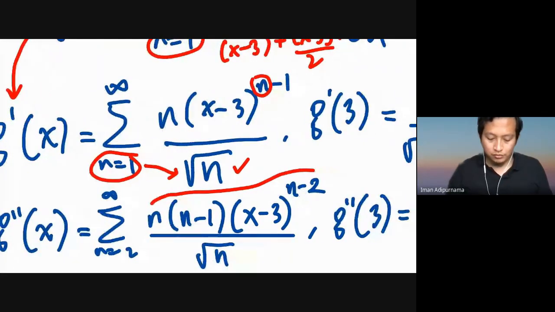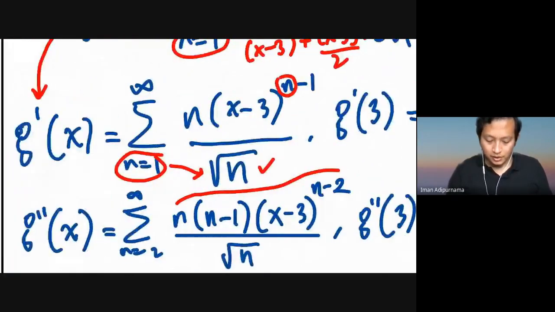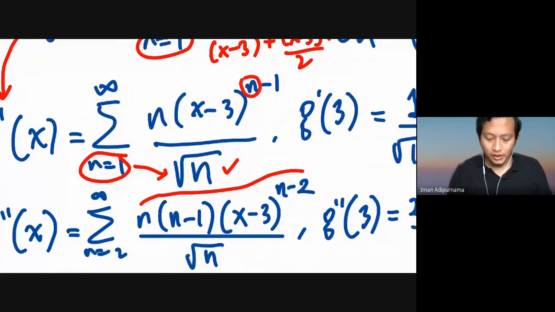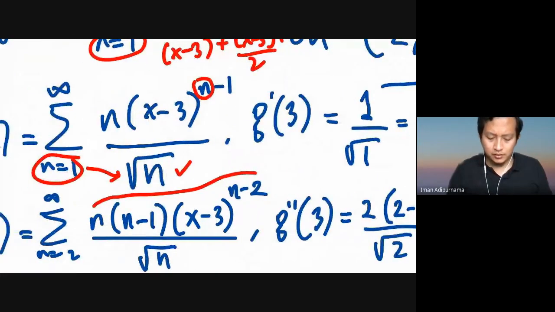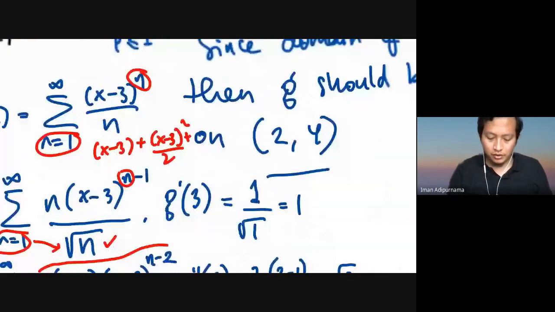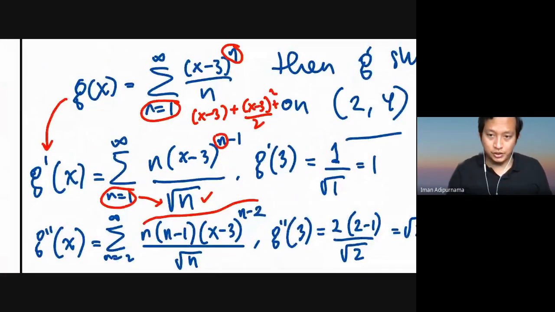So it becomes 2, 2 minus 1, and then the square root becomes square root of 2. And actually this x minus 3 part, because n minus 2 is already 0, we can cancel all the x minus 3.